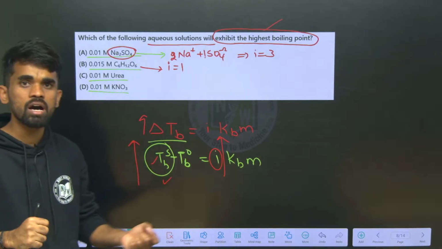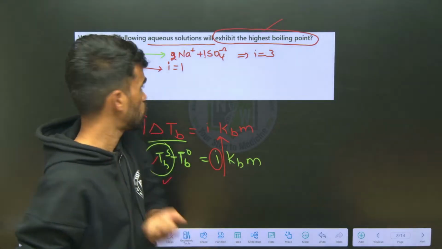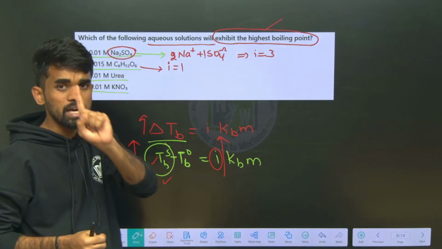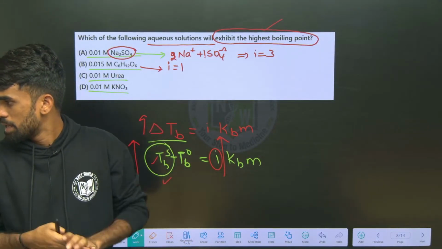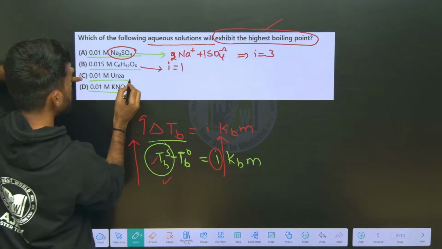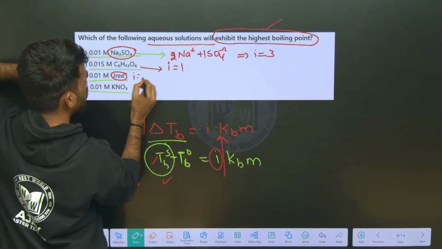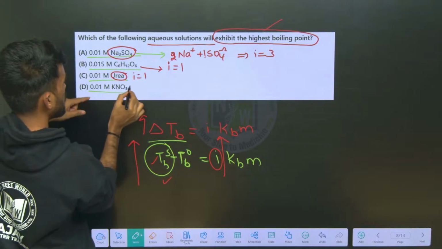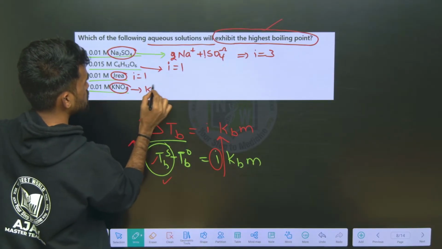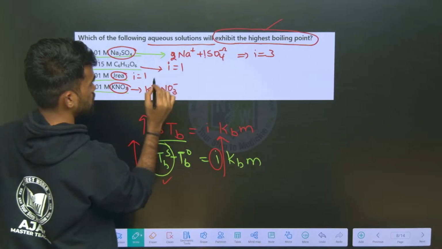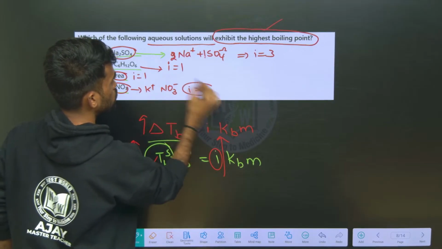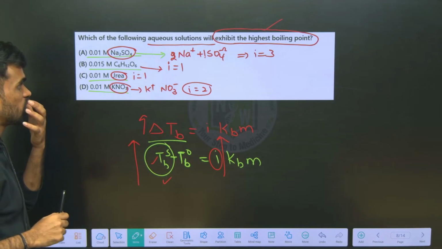Glucose, urea, sucrose, all these are non-electrolytes. For them you take only one particle. Urea is also a non-electrolyte, i value is 1. And KNO3 can give K+ and nitrate ion NO3-, so the i value here is 2. Now take the product of these things.